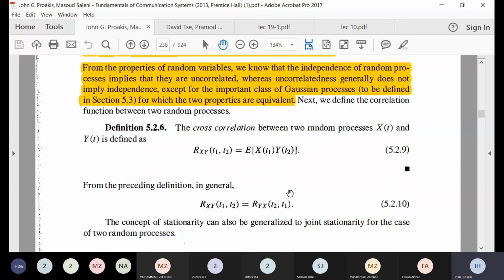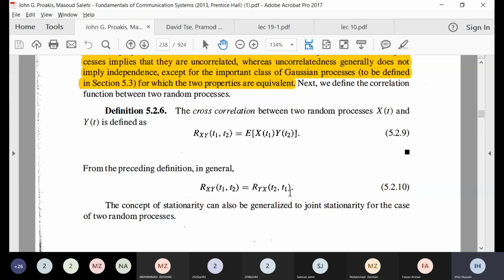Cross correlation. Auto is the same, but cross means two different random variables, where you take the correlation at different times. You are not taking auto, this is cross. But the same thing that happens in auto, that you take two times, here you take two times for two different random variables. It becomes a cross.